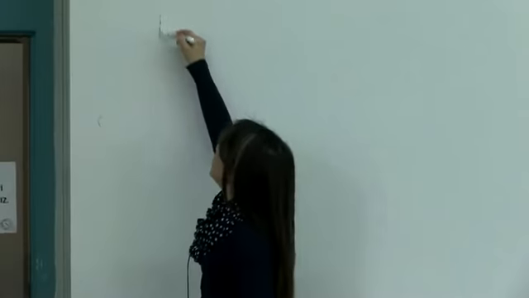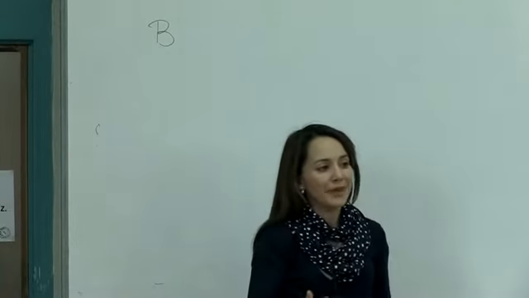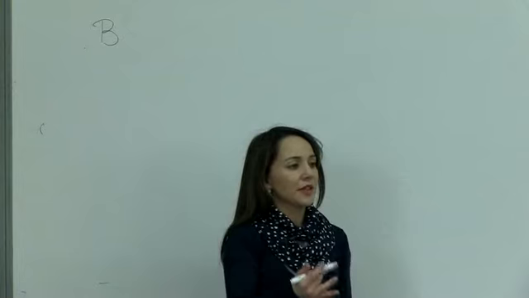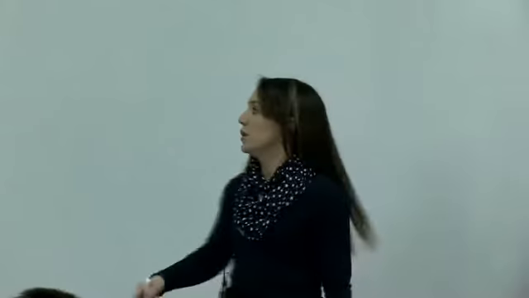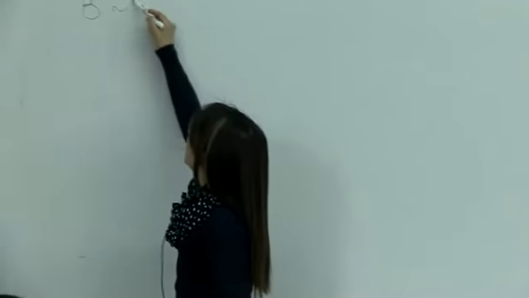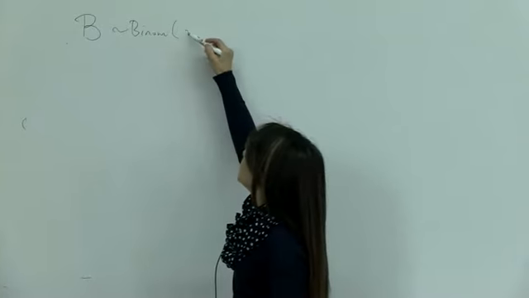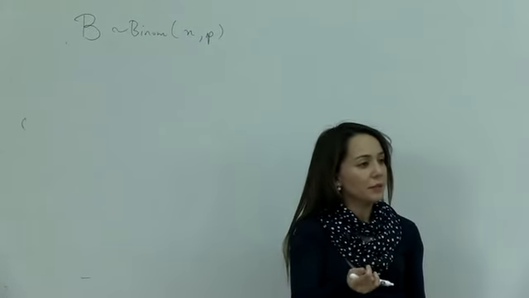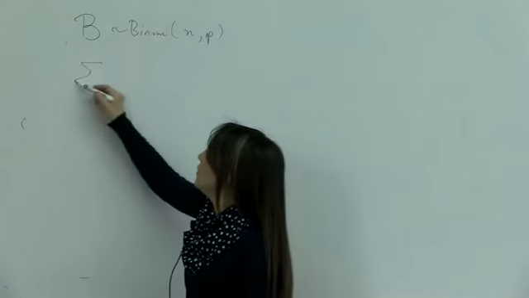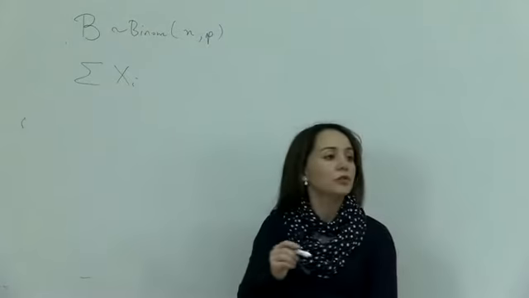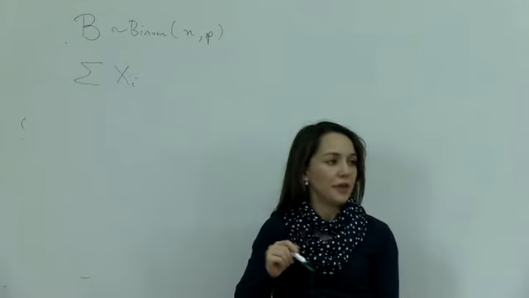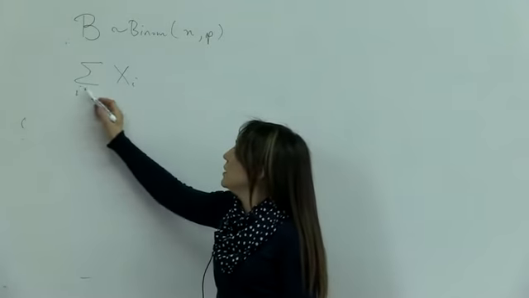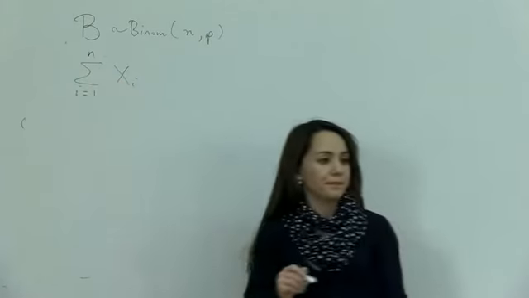We were considering a binomial random variable, let's call it B. A binomial random variable can be characterized as a sum of independent Bernoulli random variables, right? So in particular, if B is binomial with parameters n and p, this means B can be written as the sum of Xi's, where Xi's are Bernoulli with parameter p and independent of each other, and there are n of them.